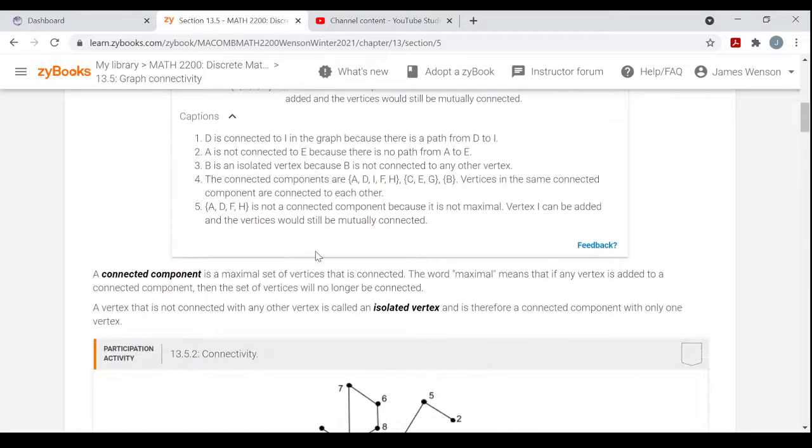All right, so they get a more formal definition of connected component here. A connected component of a graph is a maximal set of vertices that is connected. The word maximal means that if any vertex is added to a connected component, then the set of vertices will no longer be connected.